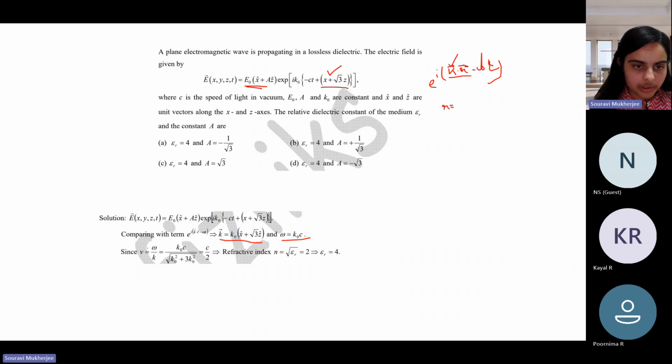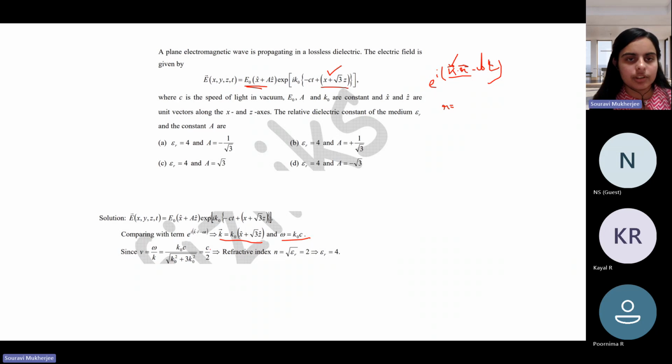So what should be the velocity? The velocity of any wave is given by omega by k, right? So from here, if you just solve that, what you would get is v is equal to c by 2, right? Now, what is the refractive index? If this is the velocity, you already know what your refractive index is, right?